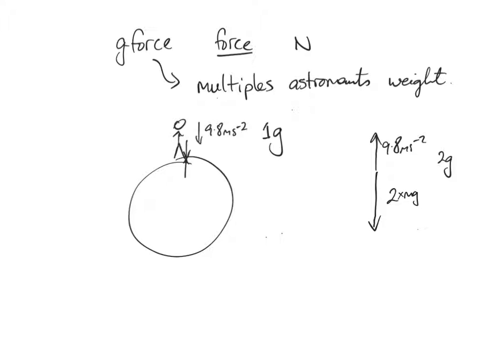We use these multiples of original weight to describe what astronauts feel during flights, so that we know g-force levels can be dangerous. If they go over a certain amount of g's, the acceleration of the rocket upwards means the astronauts feel greater and greater weight force down on their bodies when they're seated.